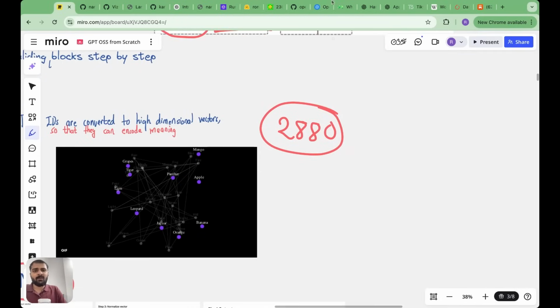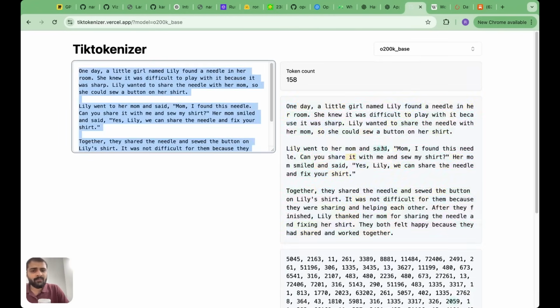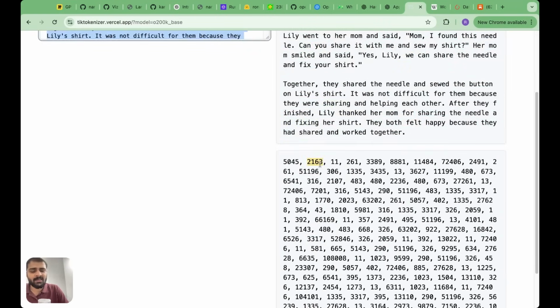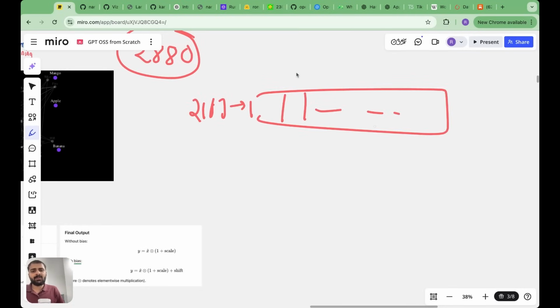For example, we have already started looking at our stories. Let's say I took a look at the token ID for "day", which is 2163. This 2163 will be converted into a vector which has 2880 dimensions, which are random currently. I mentioned them as tunable parameters here.